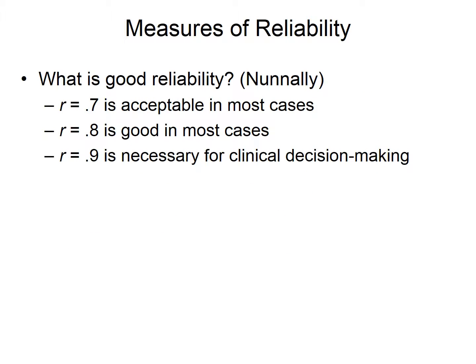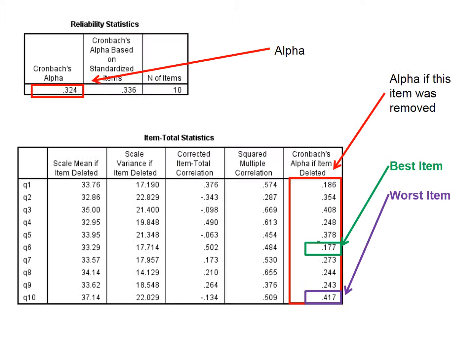As a reminder, generally speaking, we want to see Cronbach's alpha at least 0.7. 0.8 is considered very strong, and 0.9 is considered necessary if you're going to make clinical decisions with your internal consistency alpha.